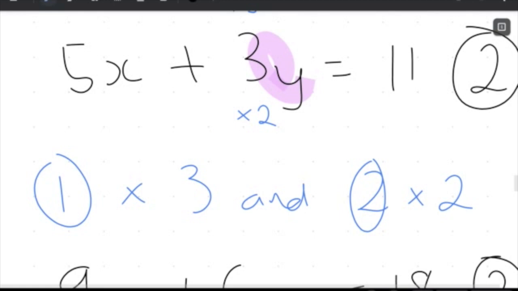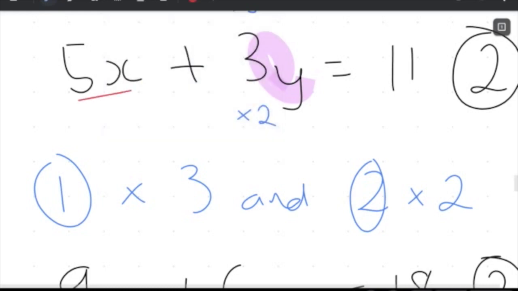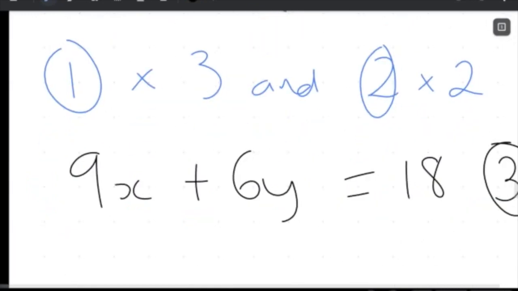And I'm doing a similar thing to equation 2. I'm just multiplying it by a different number. So I'm going to multiply once again each element here by 2. So 5x times 2, that's going to give me 10x.